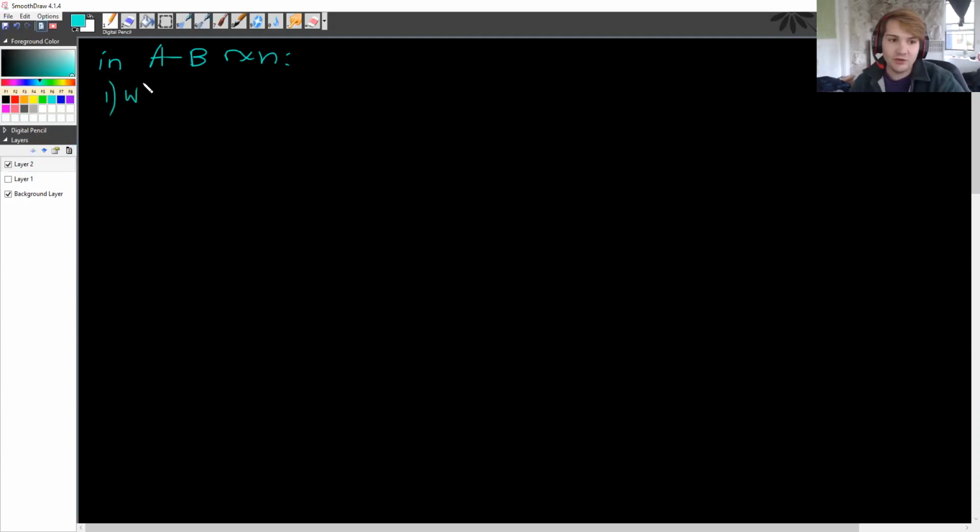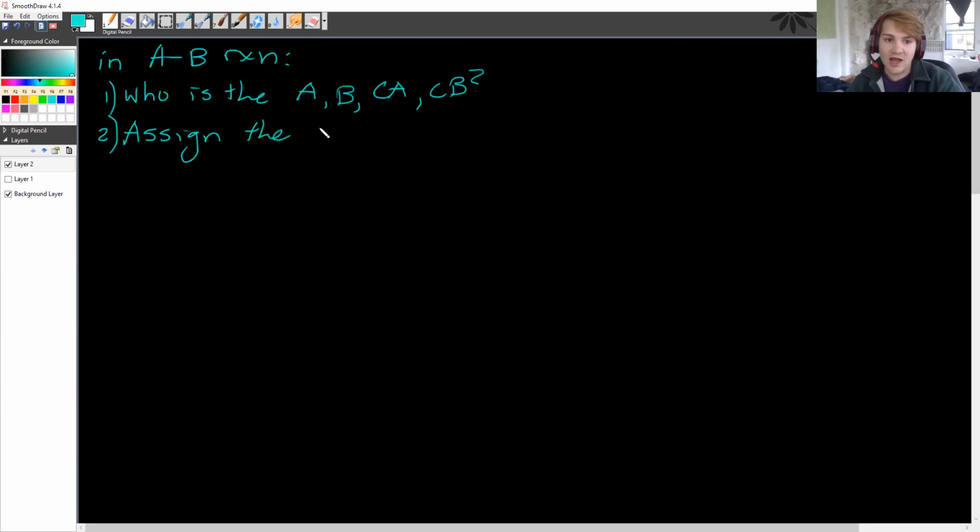The first thing is you're going to want to determine who is the acid, the base, the conjugate acid, and the conjugate base. So that's what we want to find. Then you need to assign the correct pKa values. And then finally, we're going to determine the equilibrium.